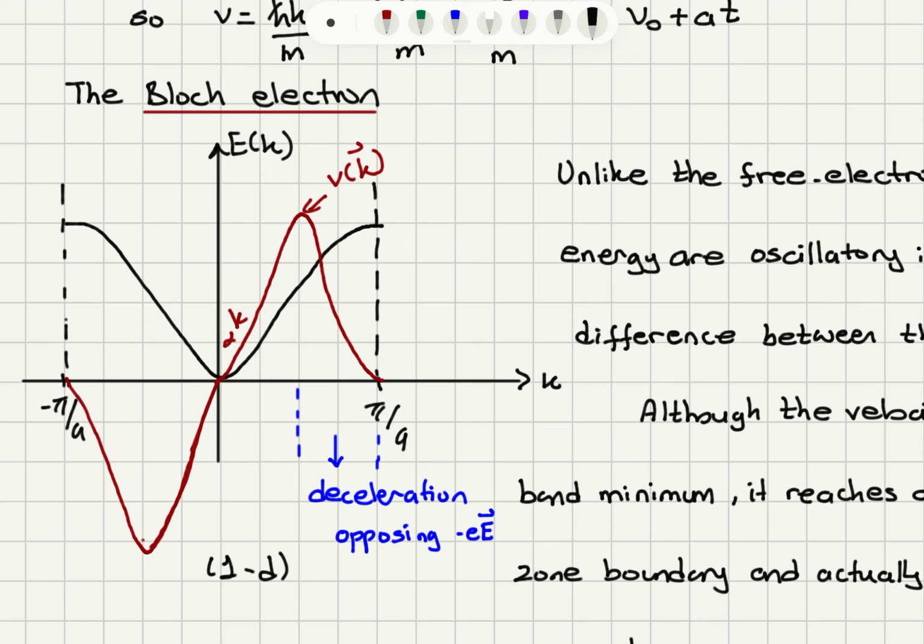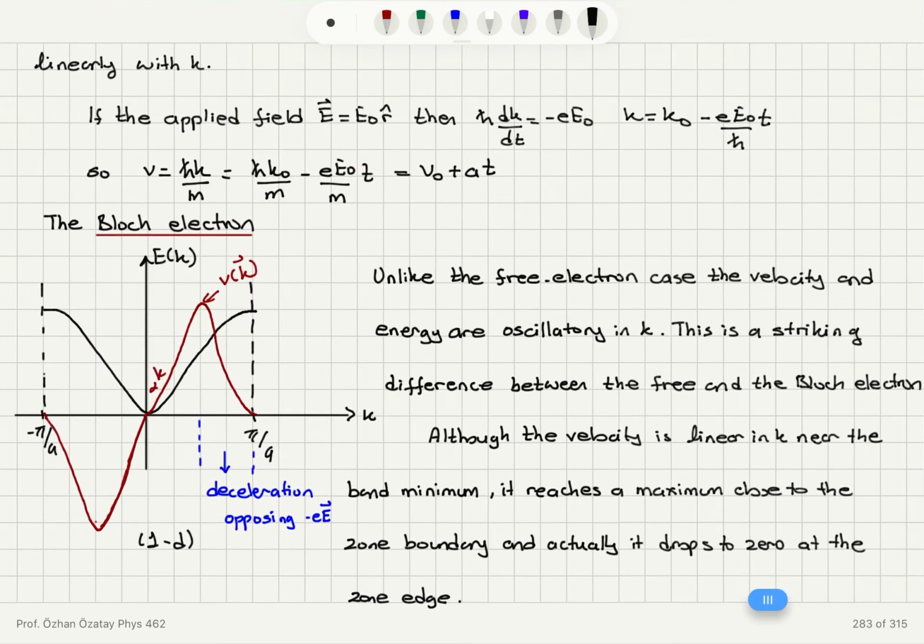So this suggests that the velocity of the Bloch electron increases as k increases up to a certain point, and then it starts decreasing. So there is deceleration opposing the electric field, and actually the velocity of the electron becomes zero when we reach the zone boundary, where we have the Bragg reflection condition satisfied and we have standing wave solutions.